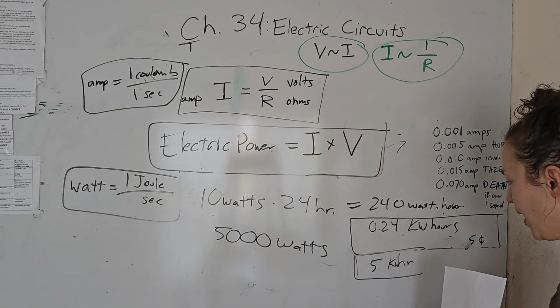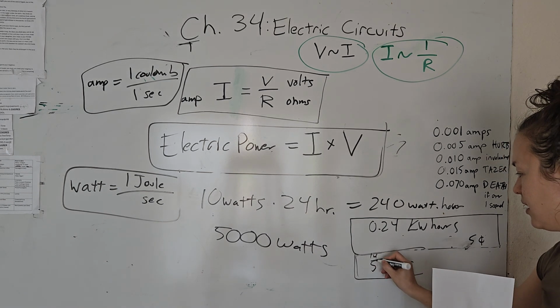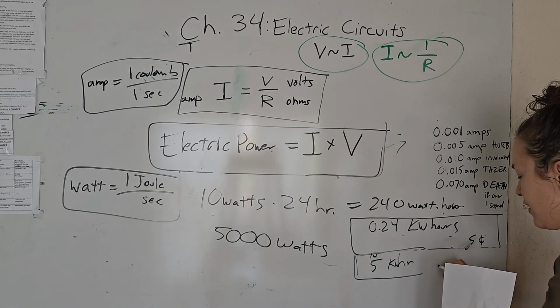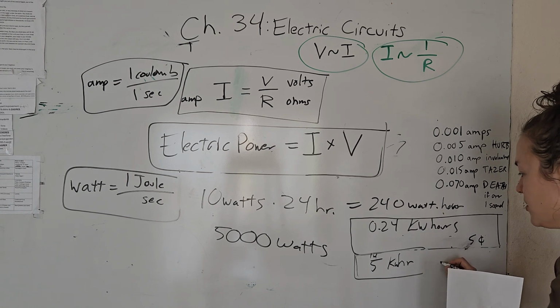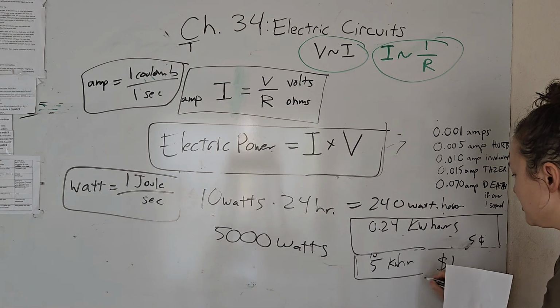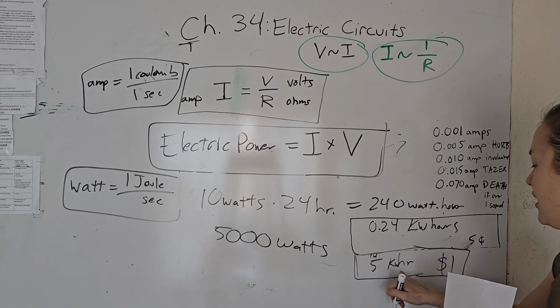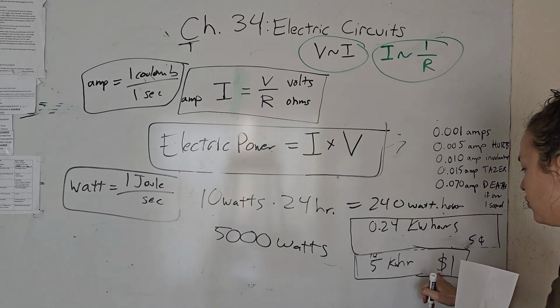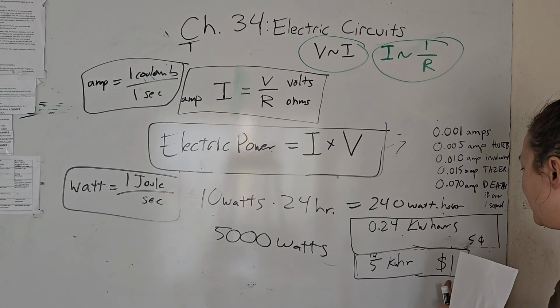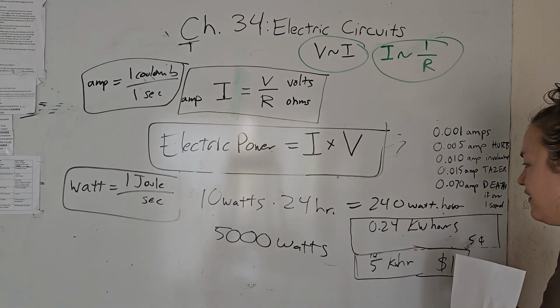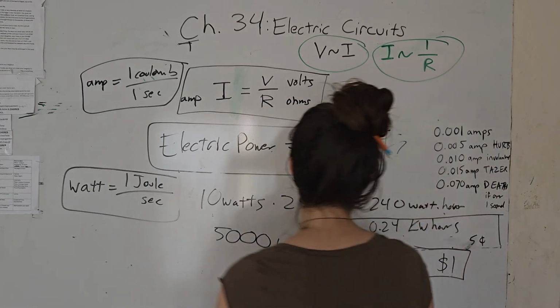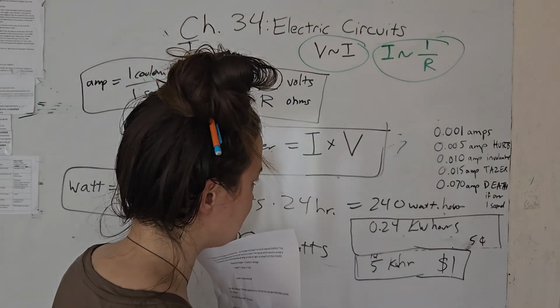So I spent around 5 cents by leaving my 10 watt lamp on all day. However, to run my dryer once, I spent almost $1. One cycle, 1 hour running my dryer, I spent a whole $1. Leaving my light on for 24 hours, I only spent 5 cents.